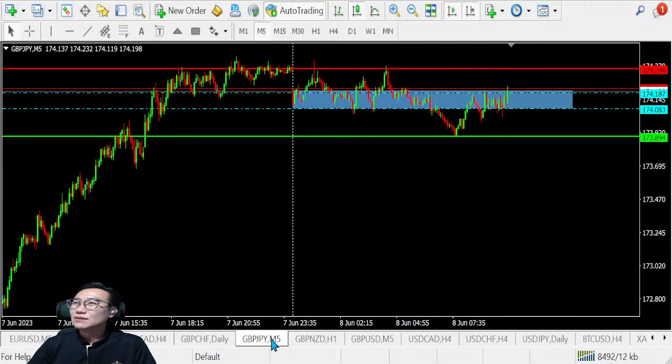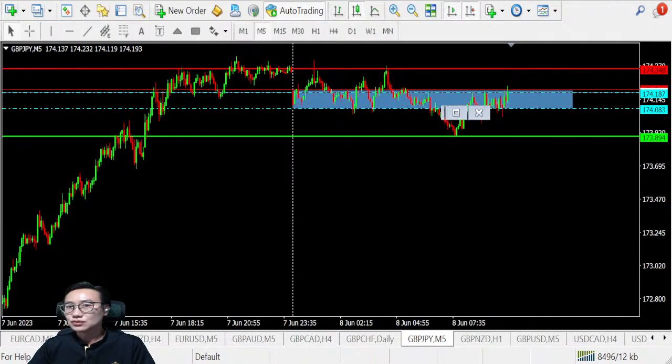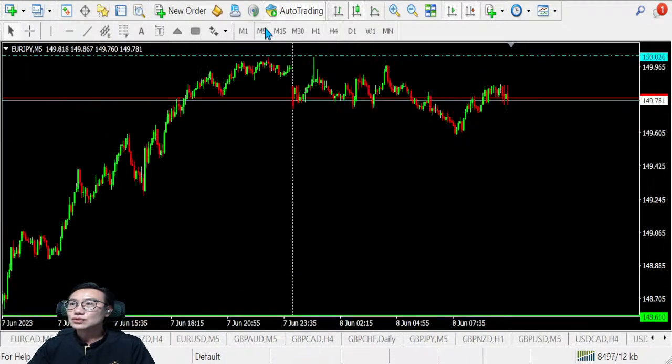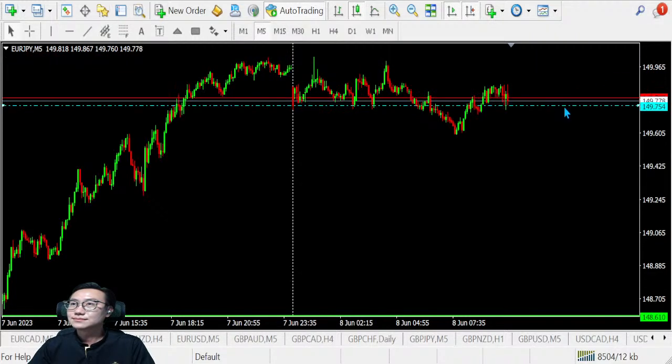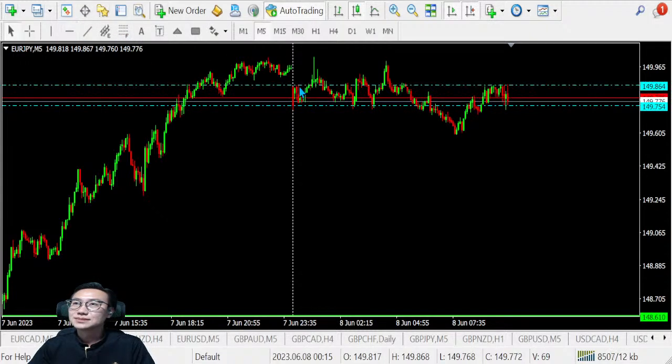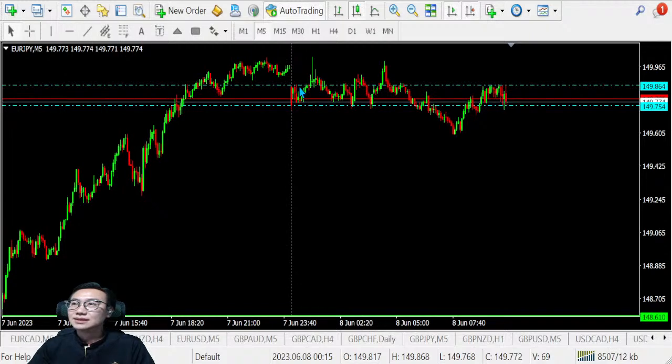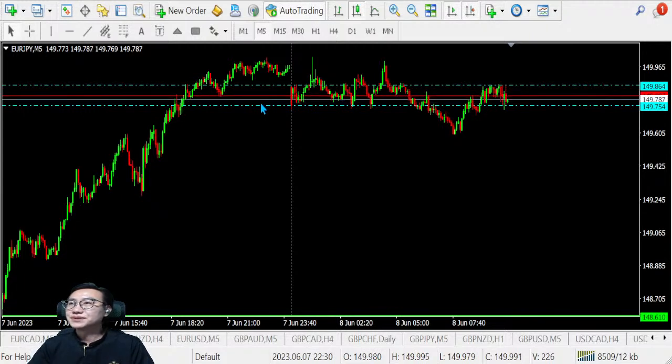Well, for pound yen, I think we are getting close. Pound yen, we are getting close, and we are going to look at the euro yen. Looks like the euro yen, same thing, stuck.